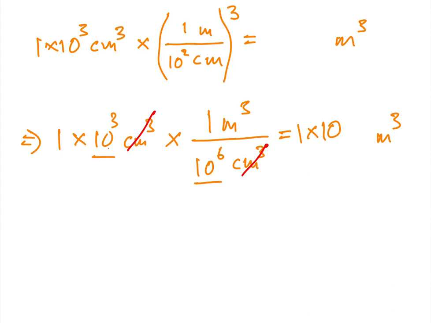When you have the same base raised to different powers, and we're multiplying or dividing, all you have to do is add up all the exponents that are multiplied and subtract off exponents that are divided. So here we're going to have 3 minus 6, in other words, 1 times 10 to the minus 3 meters cubed, because that 6 is in the denominator there.